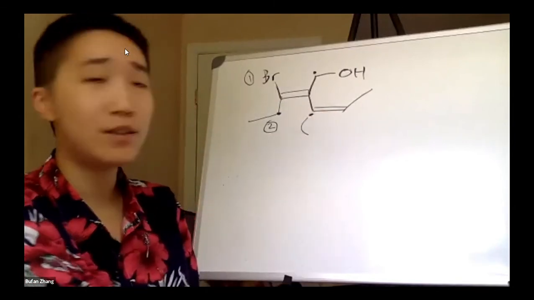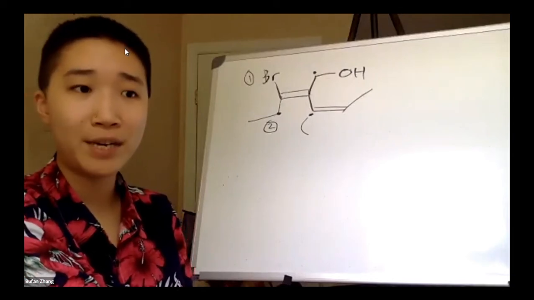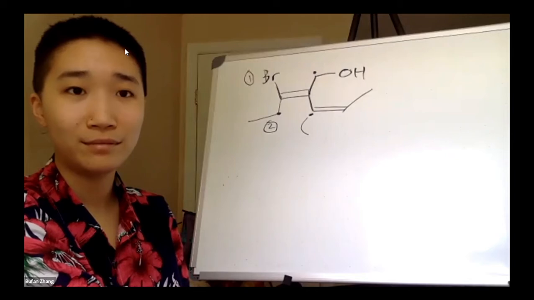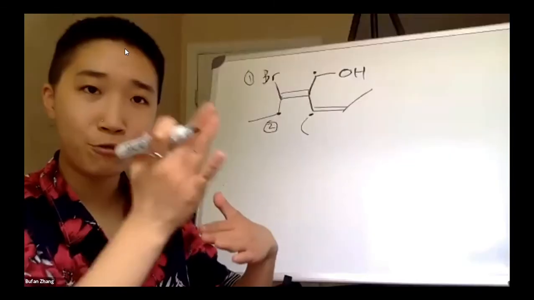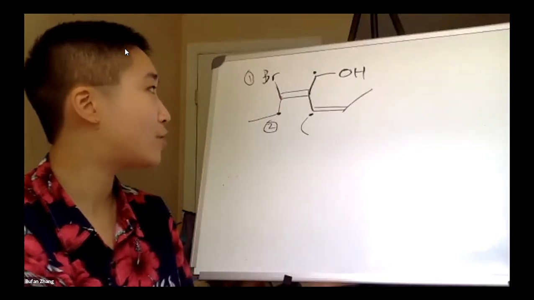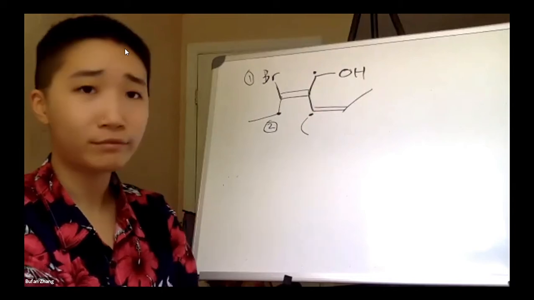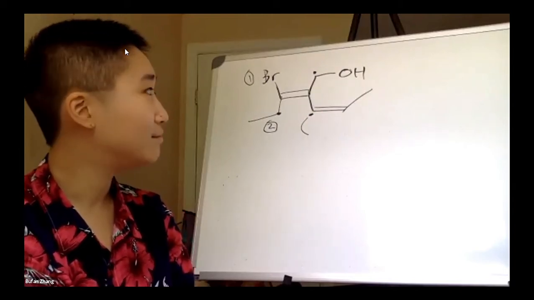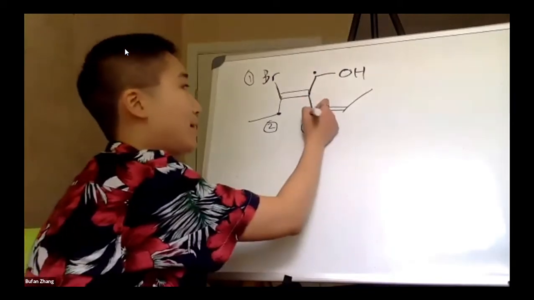What hybridization is this carbon? Is it sp3, sp2, or sp? sp2. It is sp2, right? Because it's a trigonal planar geometry. Okay, so what's attached to this carbon? Let me draw out a little hydrogen right here.